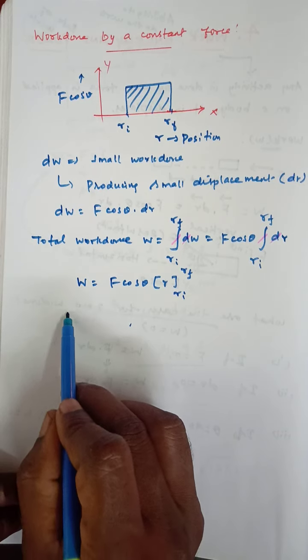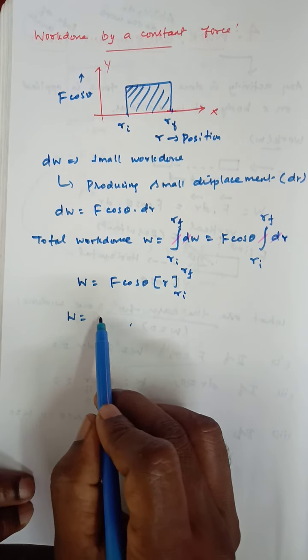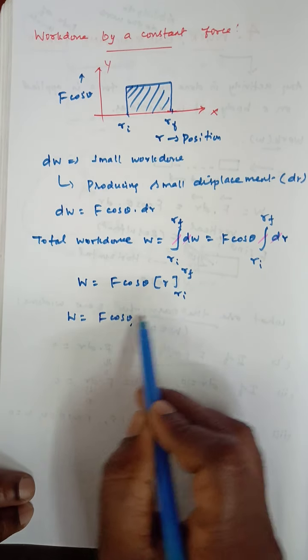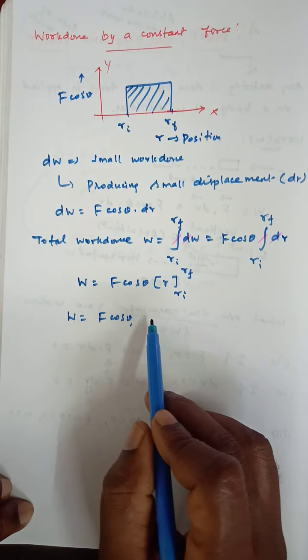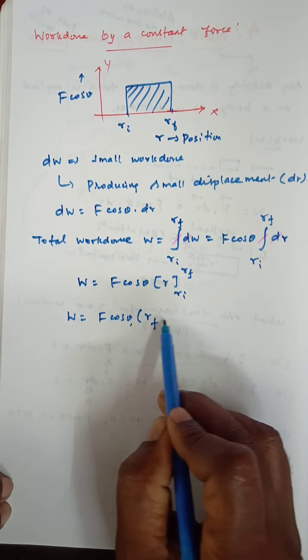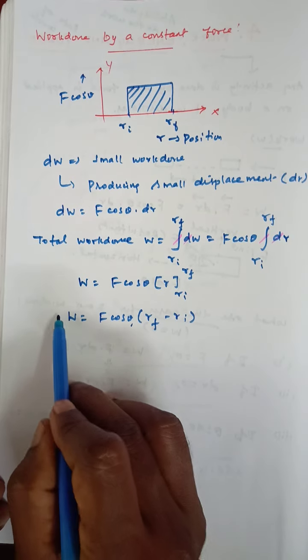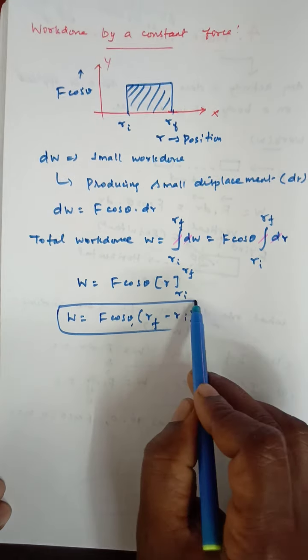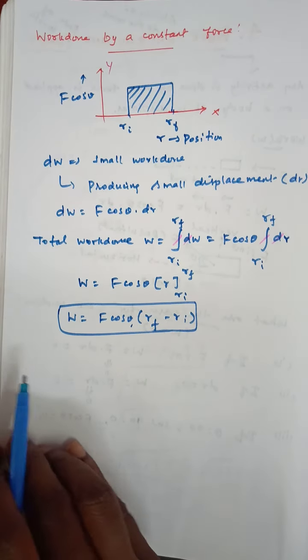Therefore work done is equal to F cos theta times the upper limit minus the lower limit, so we write Rf minus Ri. That is the work done by the constant force acting on the object.